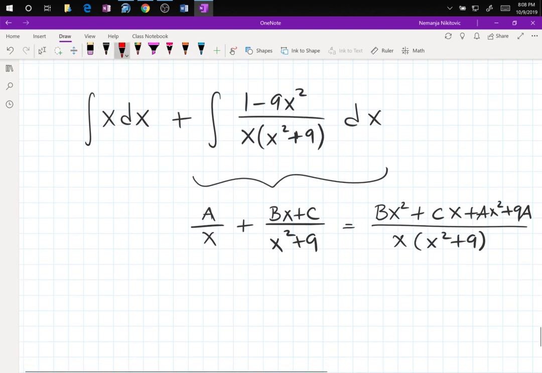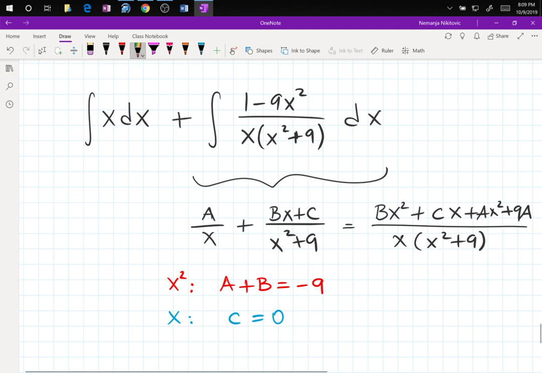So now I have the x squared equation, and that's going to be a plus b equals negative 9. Then we have an x equation, which in my case here is just c equals 0 because there is no x.